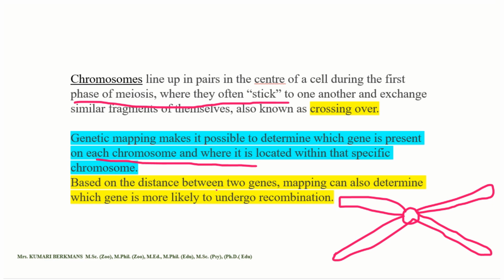Based on the distance between two genes, mapping can also determine which gene is more likely to undergo recombination. So which one undergoes recombination and which does not, which gene is present in which loci and in which chromosome, everything is possible only by studying through the genetic map.